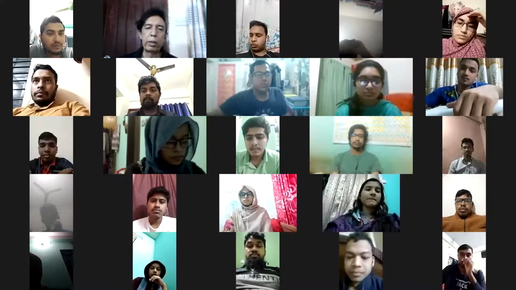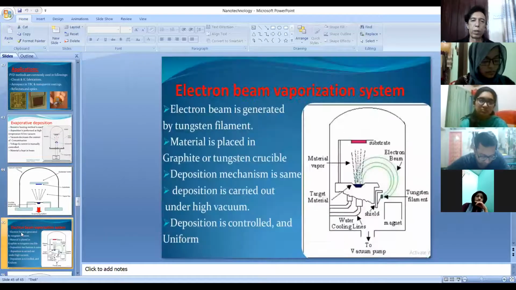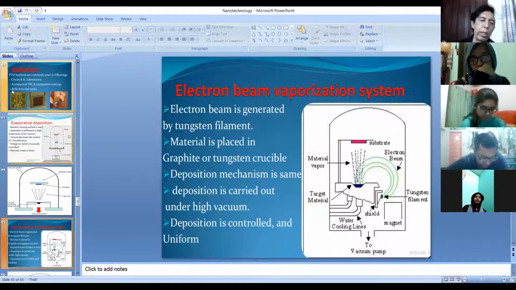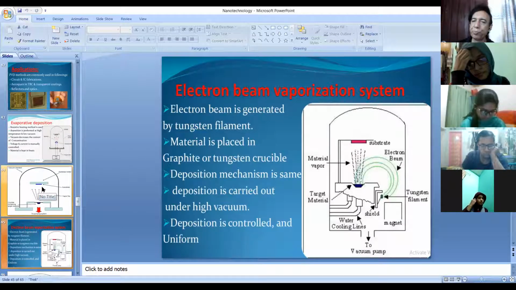Now the next one is the electron beam vaporization system. These are the processes of vaporization. The main theory of making thin film is the same, but these are the processes of vaporization.